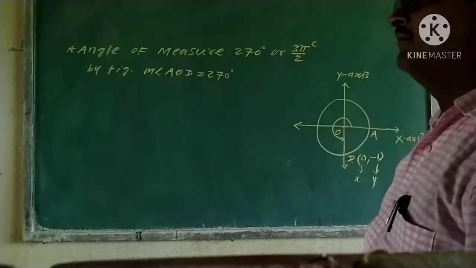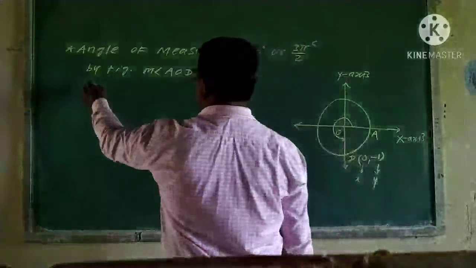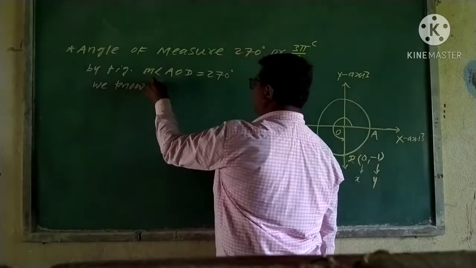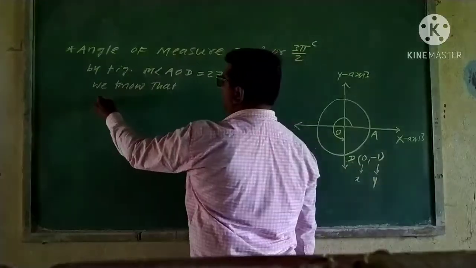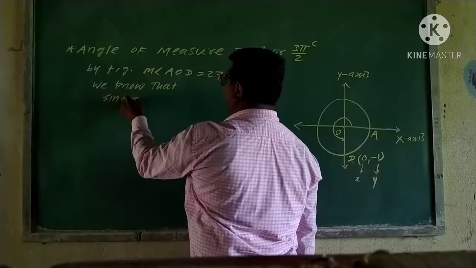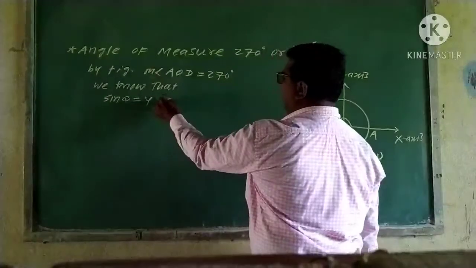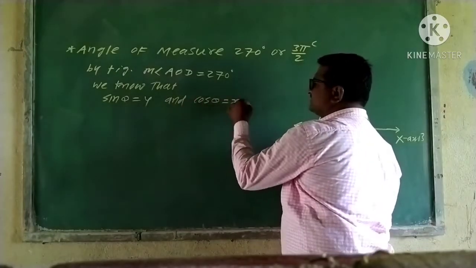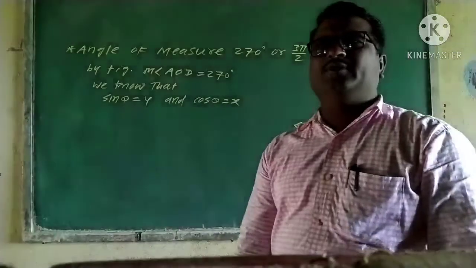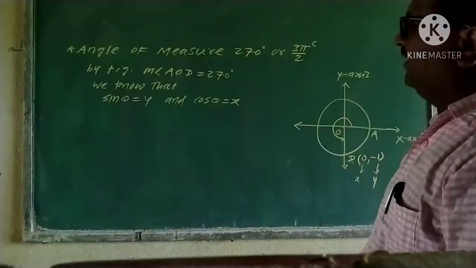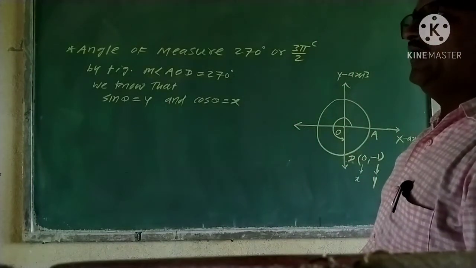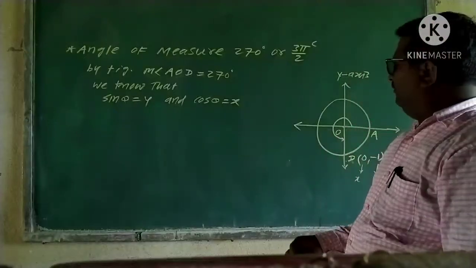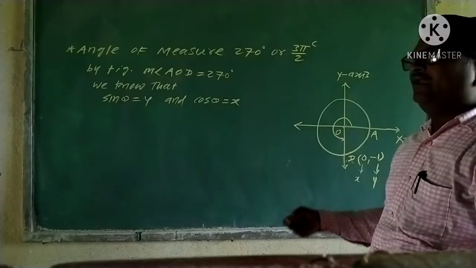We know that sine of theta equals y and cos of theta equals x, where theta is the angle and x and y are the coordinates of the point which lies on the terminal ray.